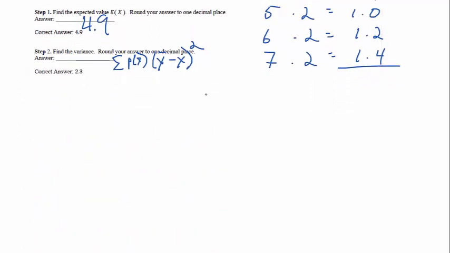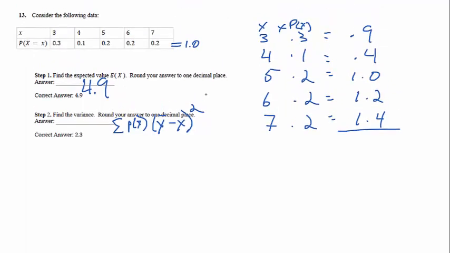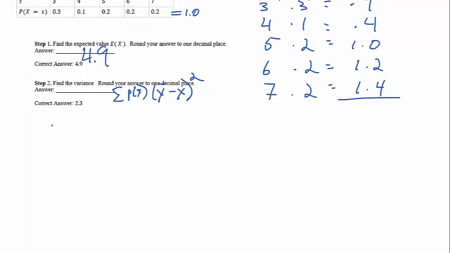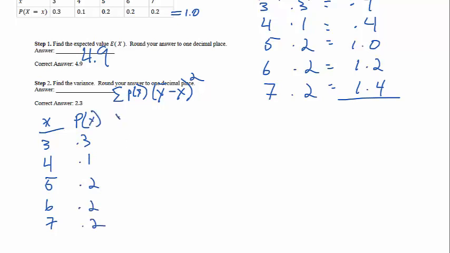Okay, so we have x is 3, 4, 5, 6, 7, and the probability of these x's is 0.3, 0.1, 0.2, 0.2, and 0.2. And now I'm going to do x bar minus x. This is the inside here.